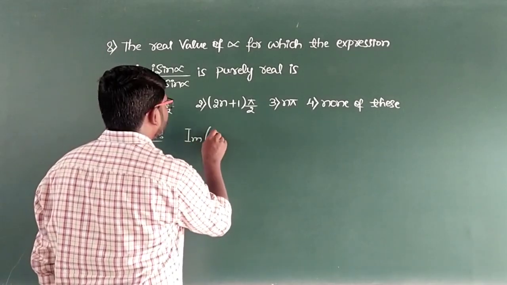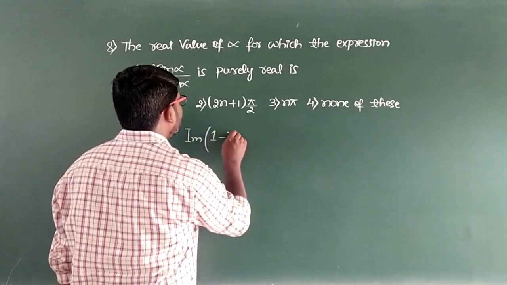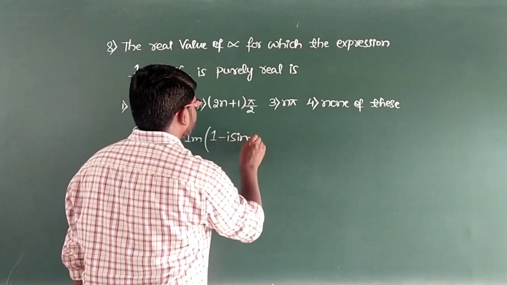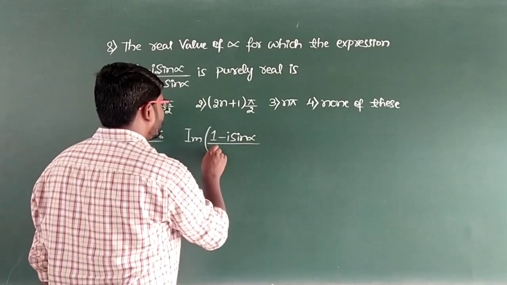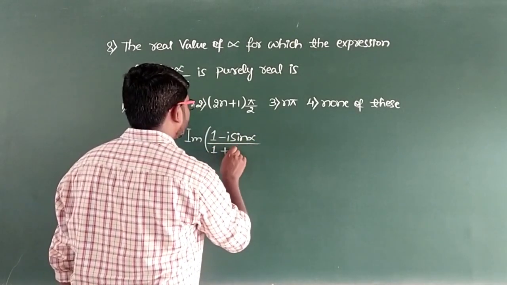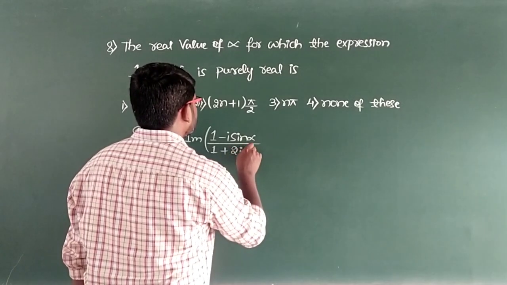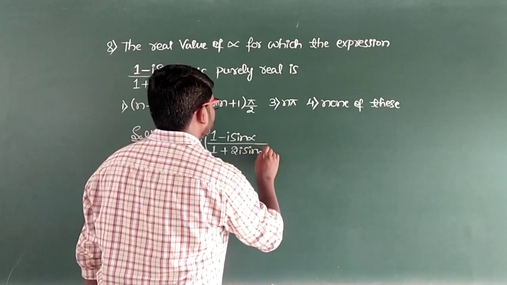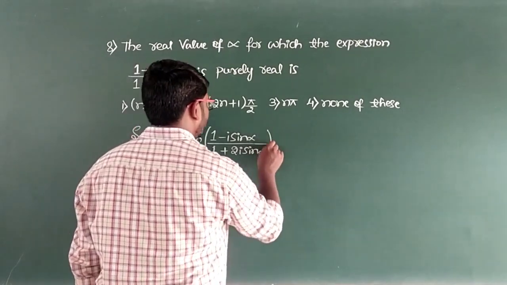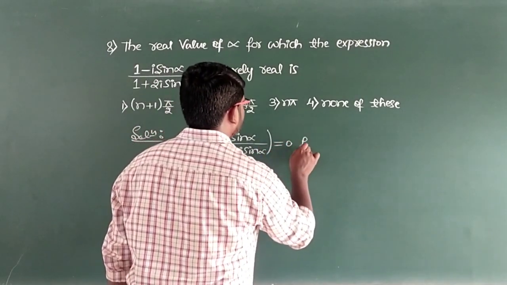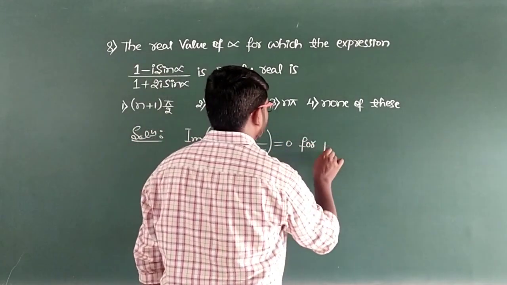So the imaginary part of (1 minus i sin alpha) divided by (1 plus 2i sin alpha) must be 0 for purely real.